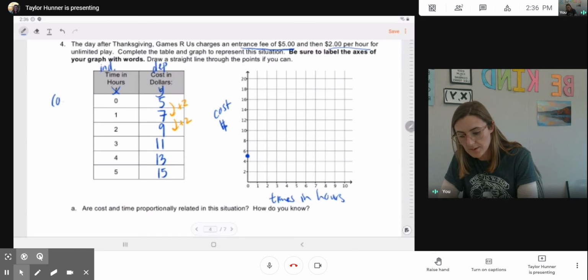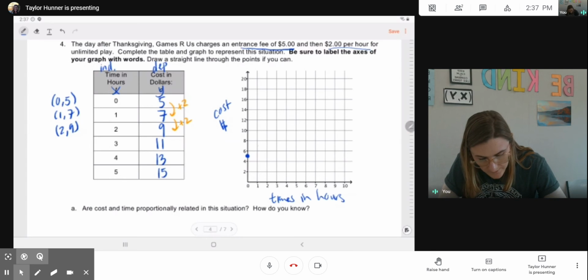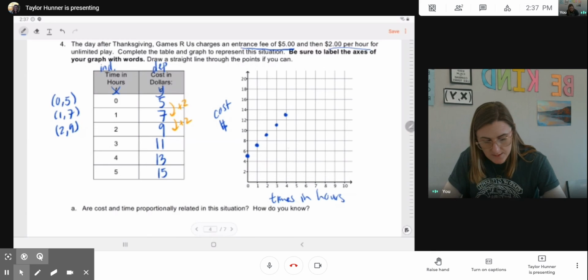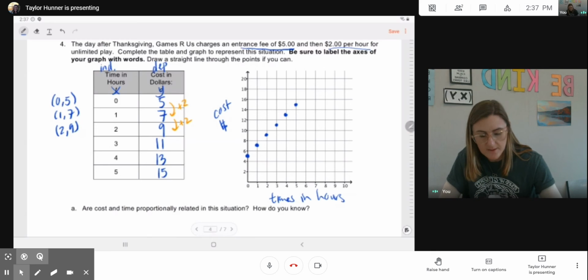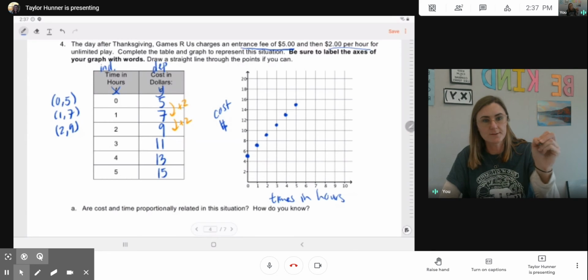If we're going to do coordinate points here, this would be 0, 5, 1, 7, 2, 9, and so forth. So our next point would be 1, 7, 2, 9, 3, 11, 4, 13, and 5, 15. If you'll notice, it's just going up $2 for every 1 hour.